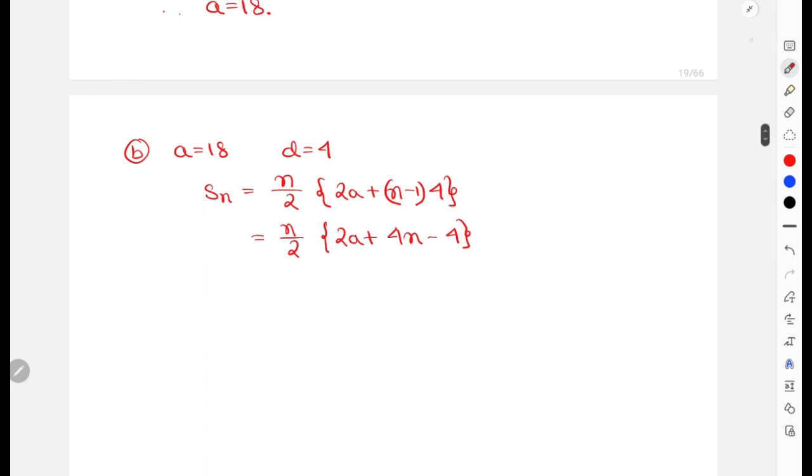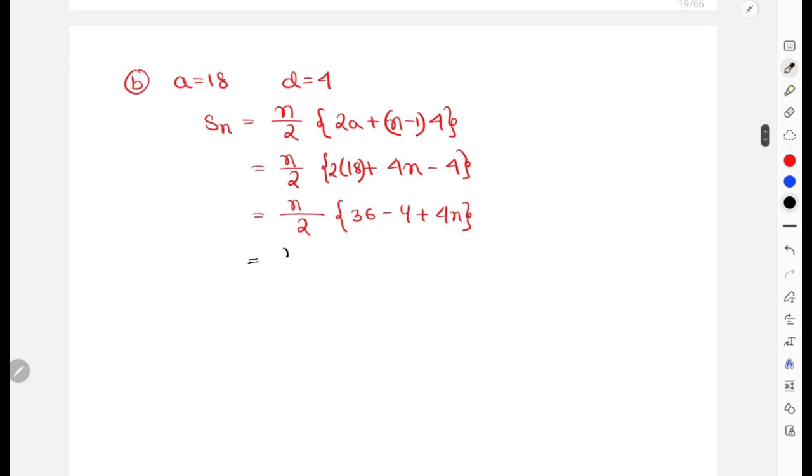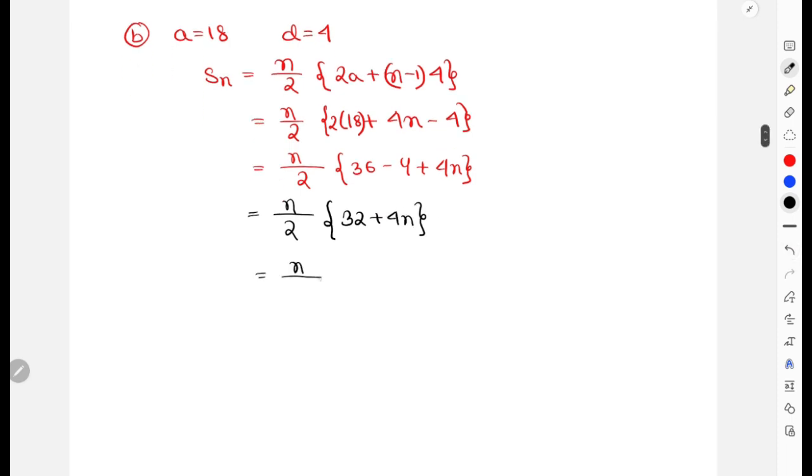We'll input the value for a as 18, which makes it 36. 36 minus 4 is going to be 32. So n divided by 2 times 32 plus 4n. If I take 2 common, now you have n divided by 2 multiplied with 2, 16 plus 2n. This 2 gets cancelled out and now you have 16n plus 2n square.